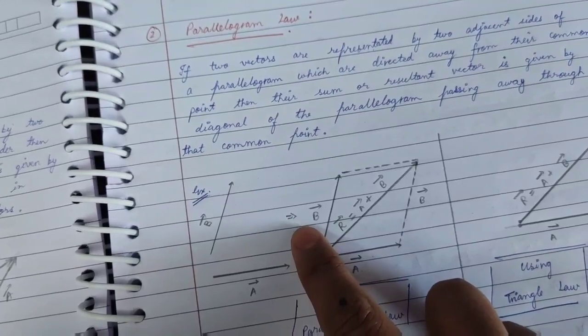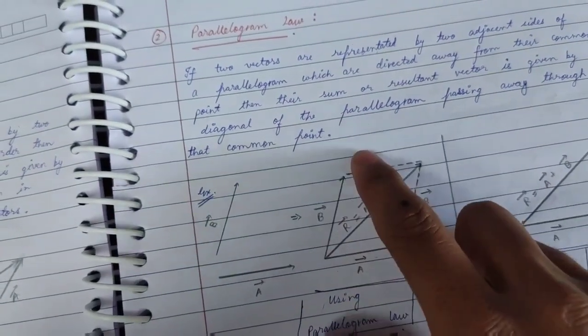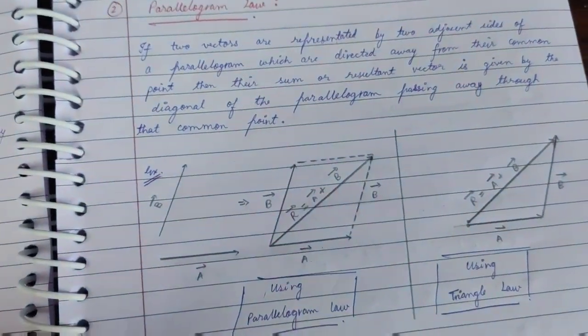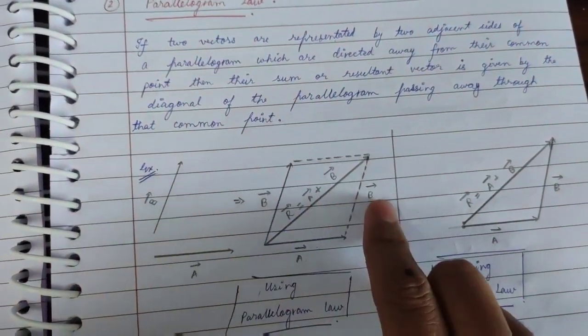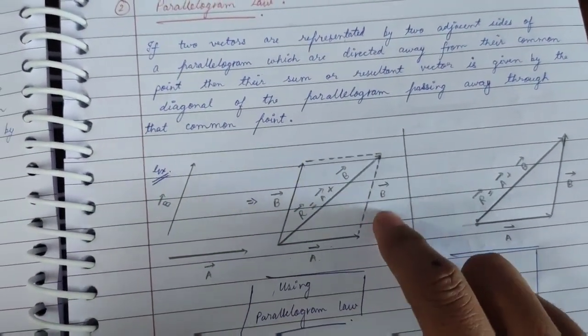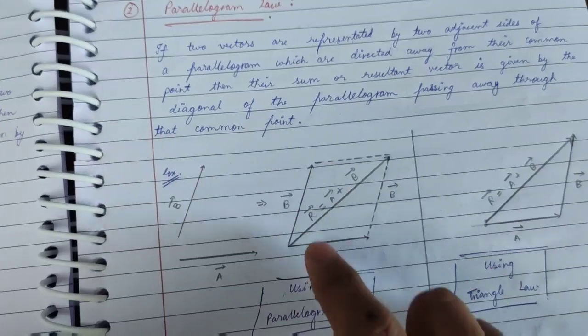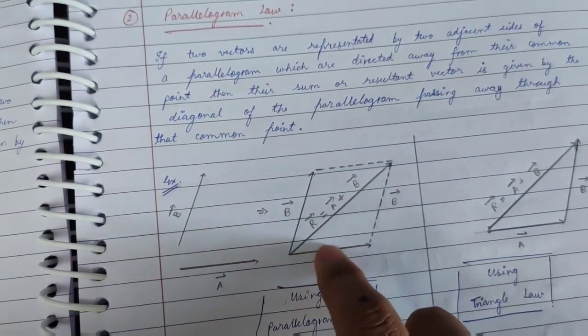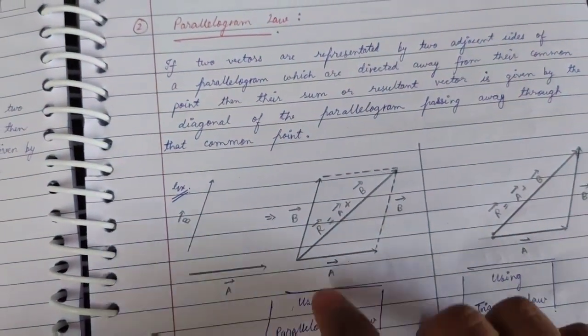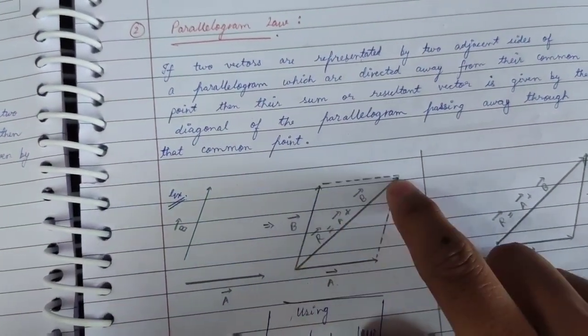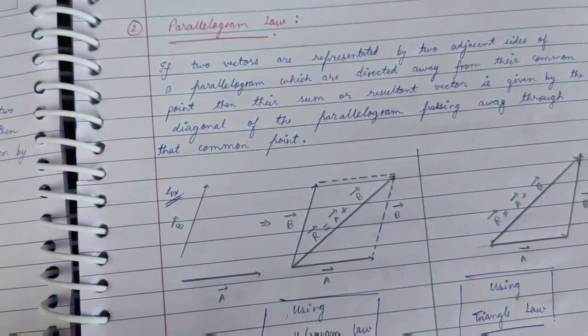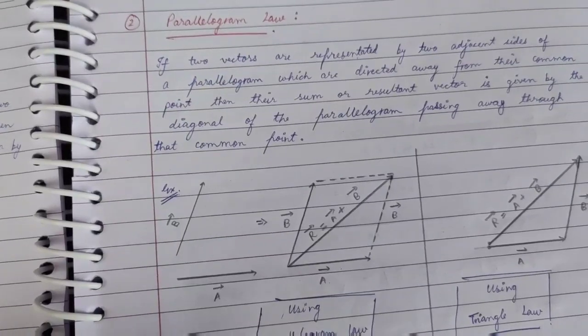This will be parallel to this and this will be parallel to this. Also we know that in a parallelogram, opposite sides are equal, so this will be vector B also and this is vector A also. Now this diagonal will represent the resultant vector.